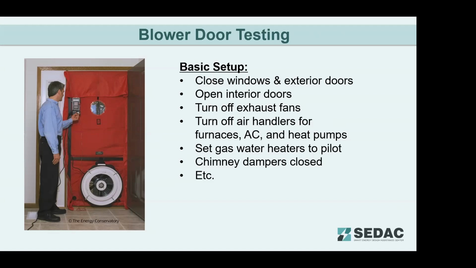Any gas appliances, make sure they're set to pilot so they don't fire up during a blower door test. We don't want air coming down the chimney. And of course, any chimney dampers are closed. These are just basic steps to the setup that can get a little more detailed depending on what standard you're using, but generally speaking, you're going to see these every time.